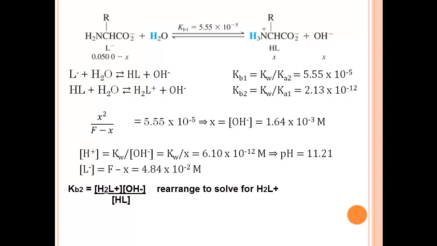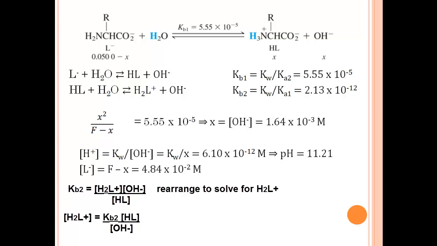I can solve for H2L+ because I know everybody else: H2L+ is equal to Kb2 times the concentration of HL divided by the concentration of OH minus. I know what the Kb2 is, it's right here, 2.13 times 10 to the negative 12. I know what HL is because that's my x, and I know what my OH minus is because that's my x. So it equals 2.13 times 10 to the negative 12. That is the concentration of H2L+.